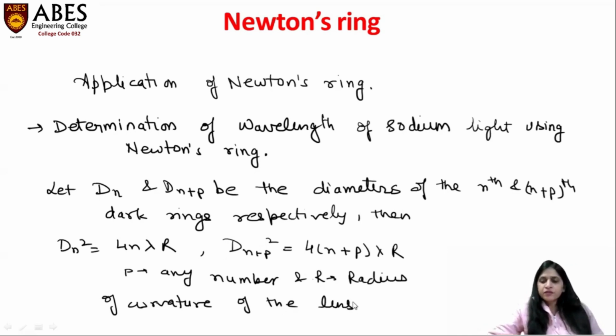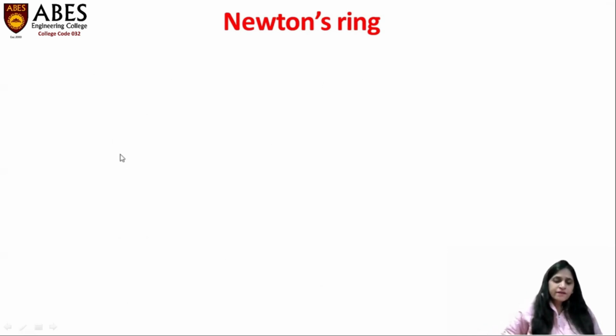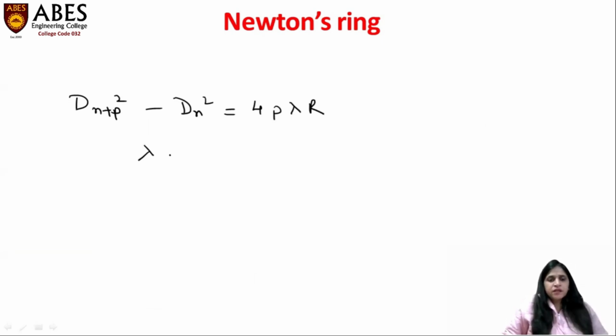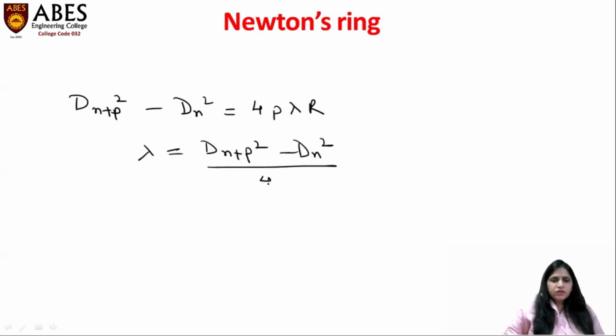Further, let us subtract these two. What will it become? Dn+p square minus Dn square is equal to 4p lambda R. So lambda is equal to (Dn+p square minus Dn square) upon 4pR.